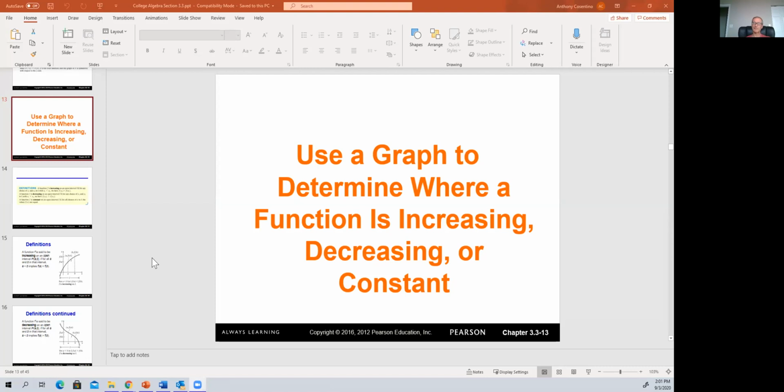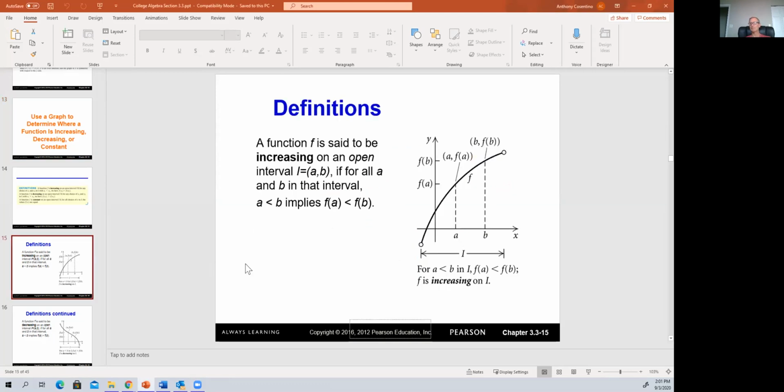Of course, we have to make it a little bit more complicated and have a very mathematically fancy definition of increase and decrease. And so here is the fancy definition for increasing. And we always talk about it on an open interval.